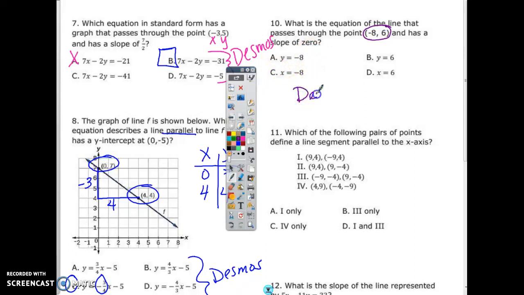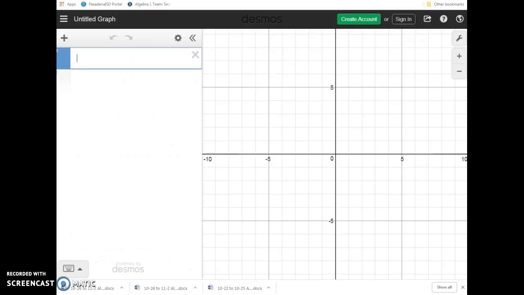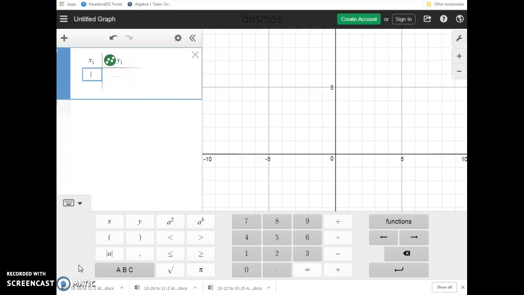I'm going to put everything in Desmos, add a table, and check those equations. So let's go to Desmos. I'm going to add a table with that point that they gave me. The point was negative 8 and 6. Okay, so there's my point.